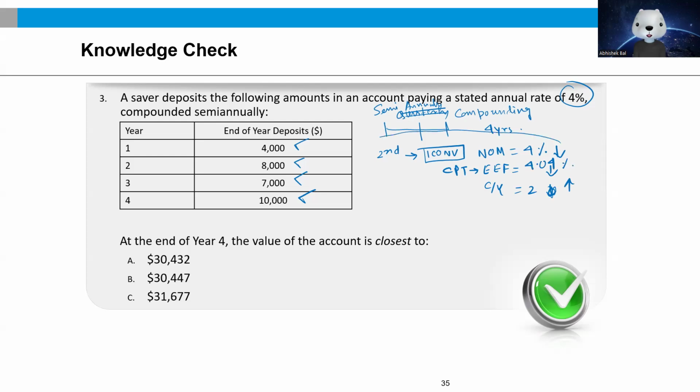Now you see how we have simplified the problem. We are no longer bothered by the semi-annual compounding of the different cash flows. Now we have different cash flows, but these are now being annually compounded at 4.04% each. And all that we have to find out is what is going to be the yield at the end of the tenor.